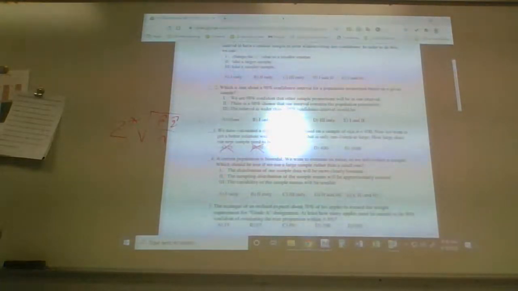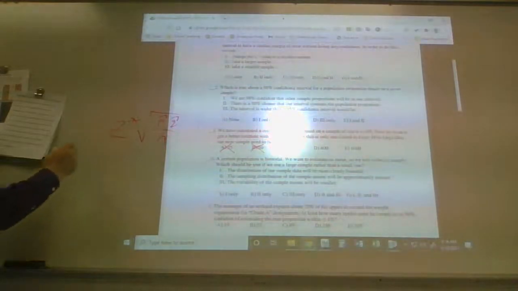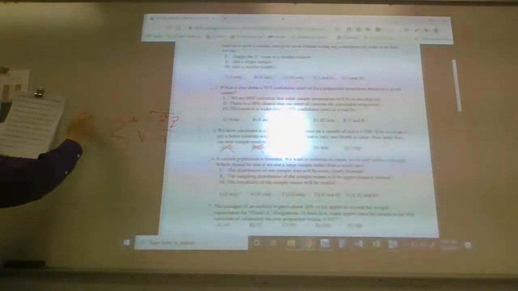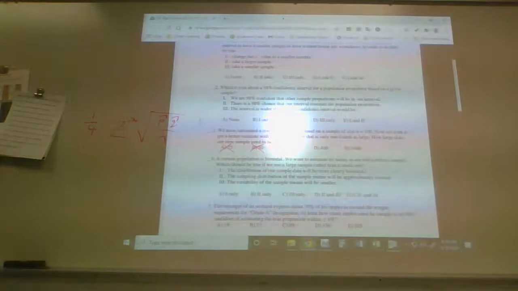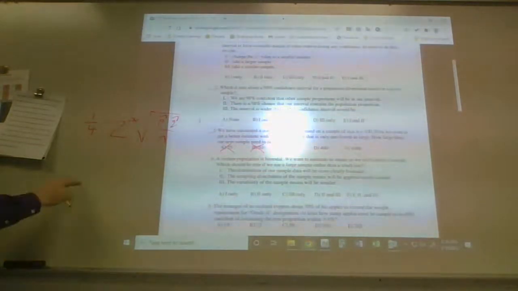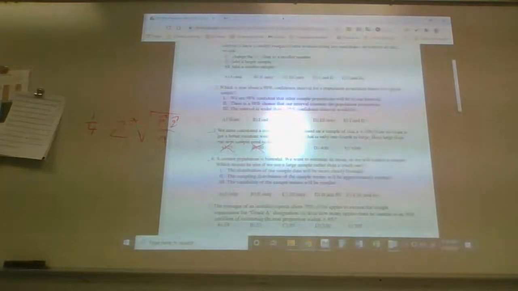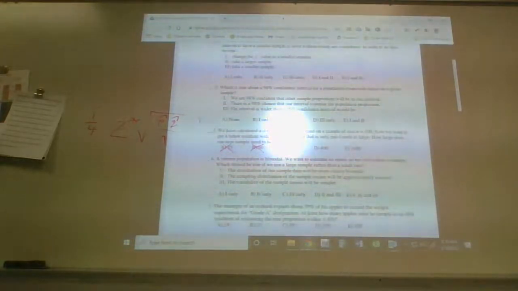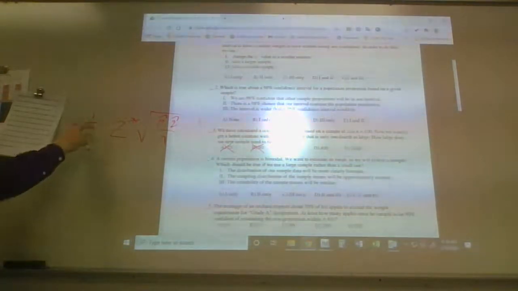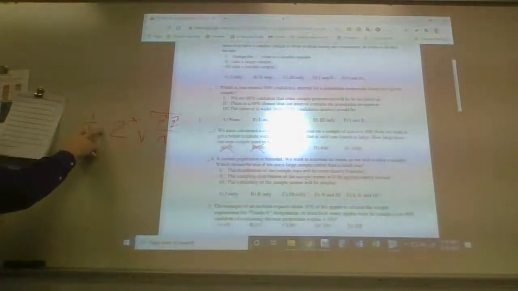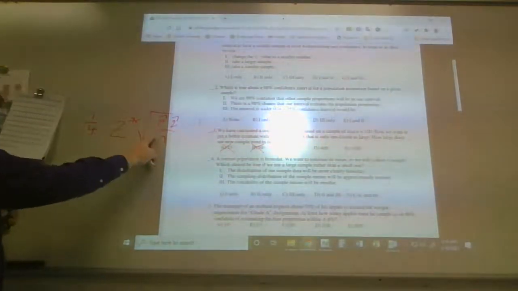How large does our new sample size have to be? Well, we want the margin of error to be 1/4 as large. I did not teach you Algebra 2, but basically, you can take that 1/4 and bring it back into the square root.